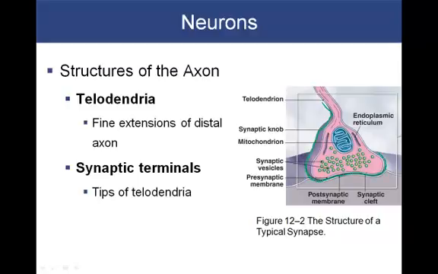The synaptic terminals are expanded regions at the terminal ends of the axon, and we've already seen that the synaptic terminals are filled with synaptic vesicles. What do these vesicles contain? They contain neurotransmitters.